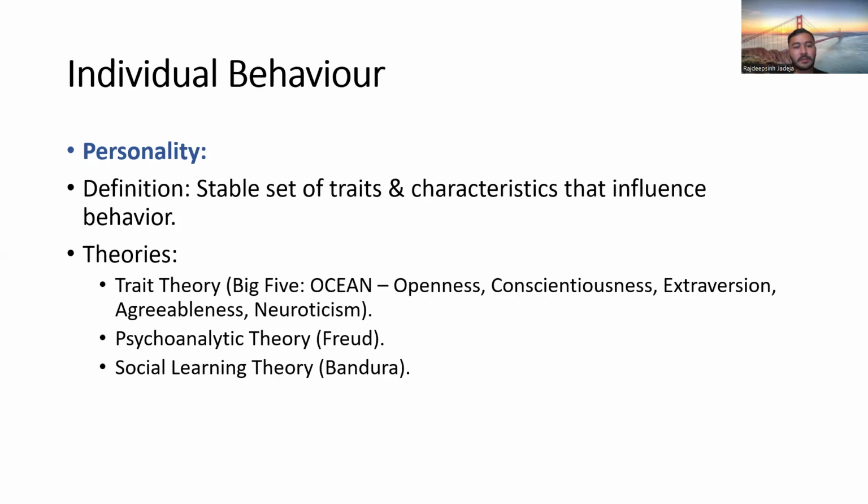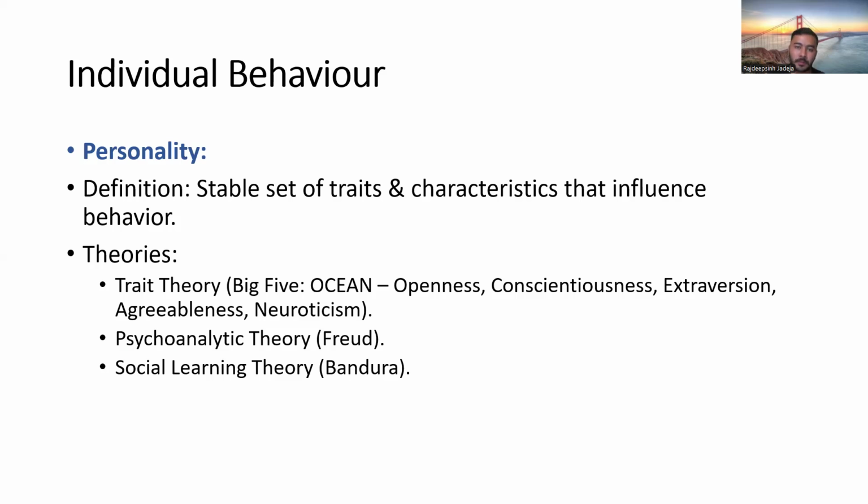So here is personality. Personality is a stable set of traits and characteristics that influence behavior. There are theories like trait theories, which include the OCEAN model. OCEAN stands for O, openness, meaning whether a person is open or not. C stands for conscientiousness, whether a person is conscientious or not. Extraversion means the person is an extrovert or introvert. Agreeableness means the person is agreeable or non-agreeable.